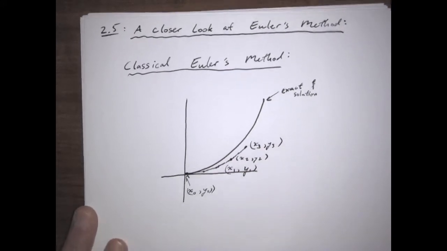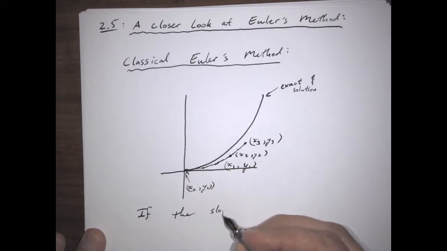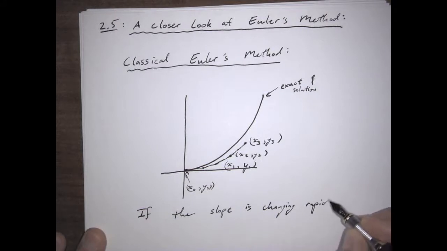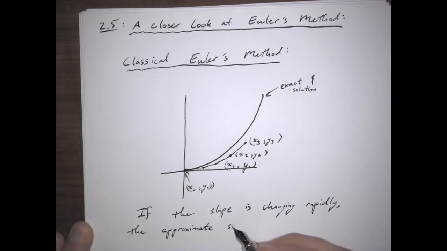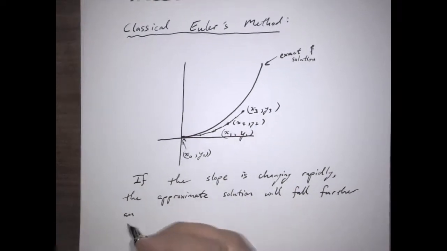And if the slope is changing rapidly, the approximate solution will fall further and further behind. So this is accumulating error.